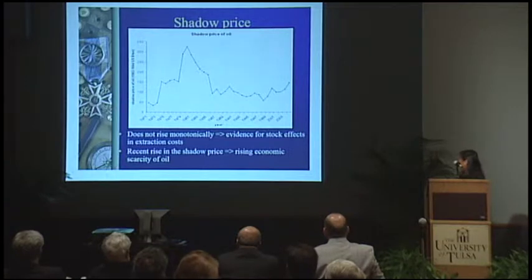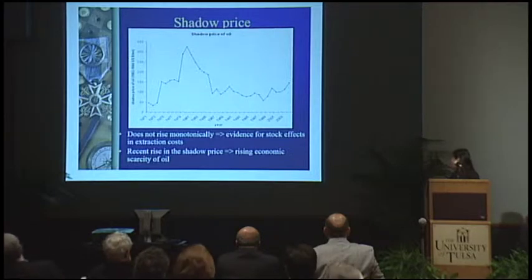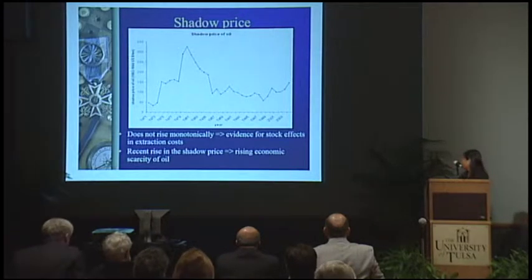In the past, technology has enabled us to offset the geologic scarcity of oil, so economically oil hasn't been scarce, but now in recent years the scarcity has outweighed the ability of technology to offset it. We see a rising trend in this shadow price in recent years.